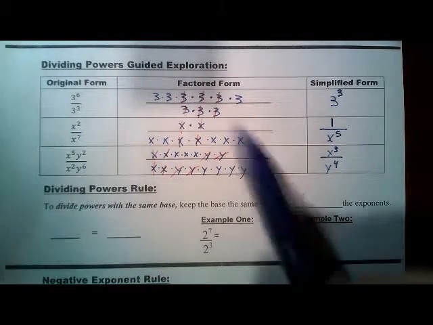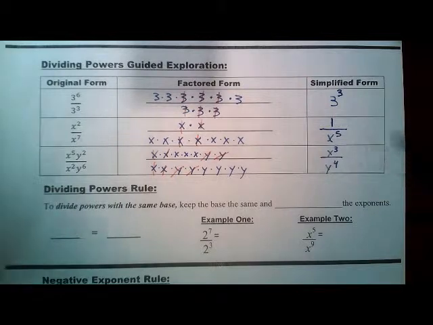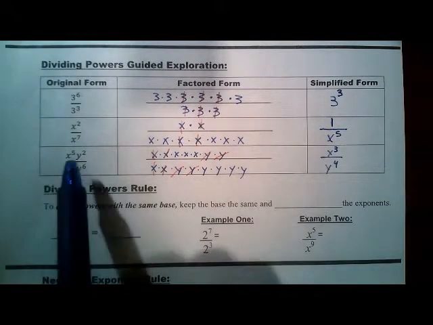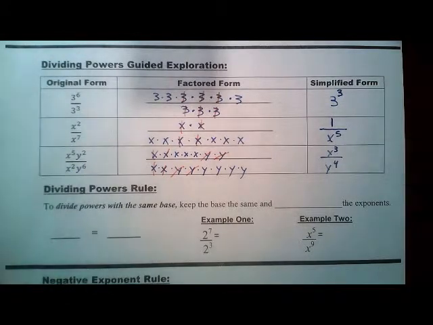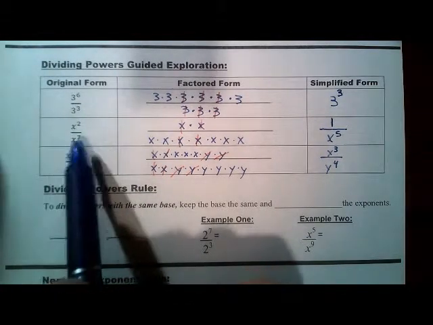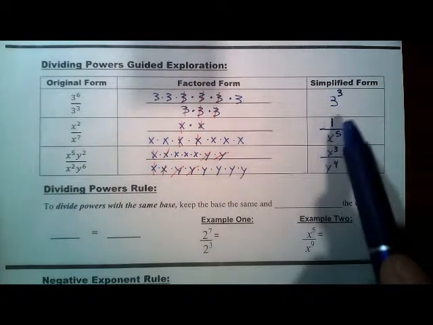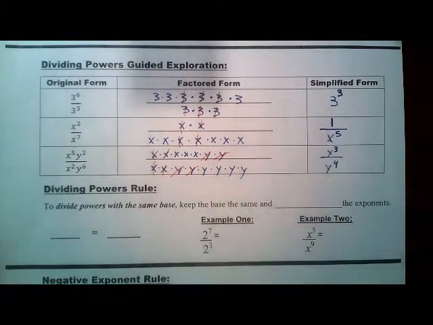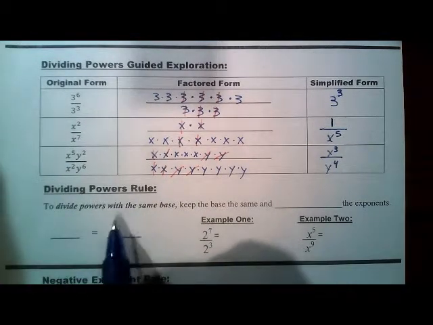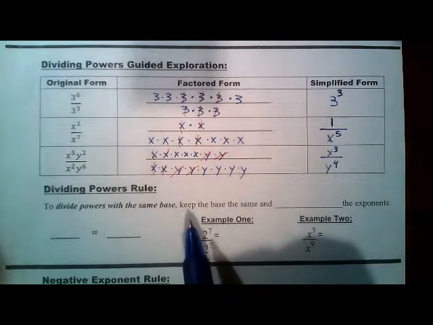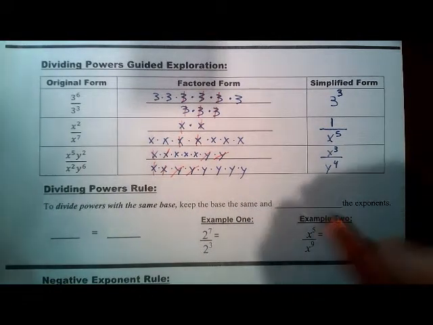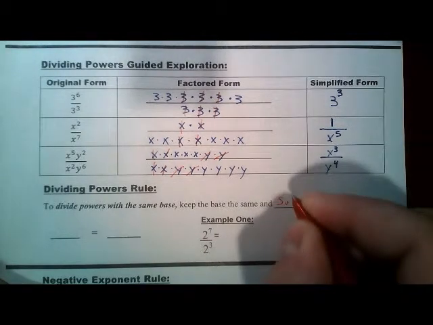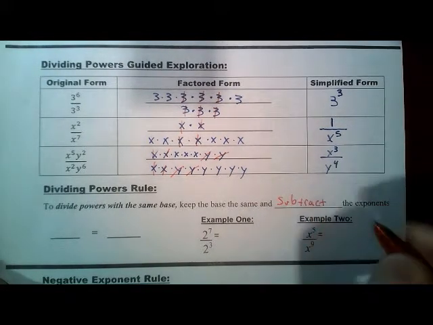So based on these 3 examples, can I come up with a general rule? So how did I go from x to the 5th, x squared, to x cubed? Or x to the 2nd, x to the 7th, down to 1 over x to the 5th. And what you should have come up with is that to divide powers with the same base, you keep the base the same, and you're going to subtract the exponents.